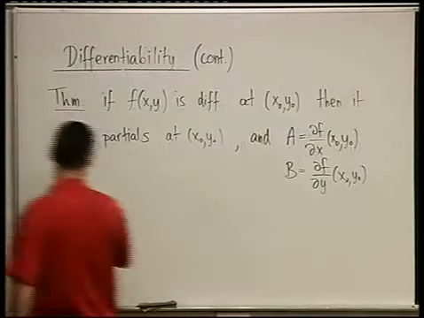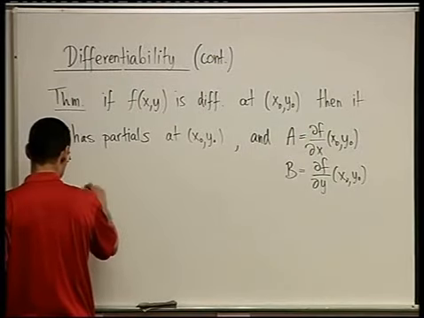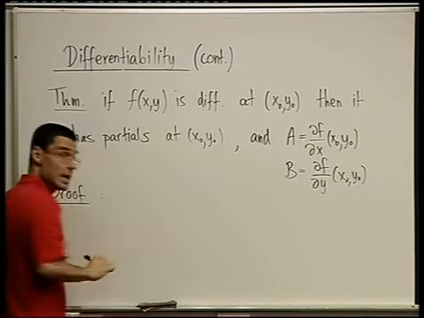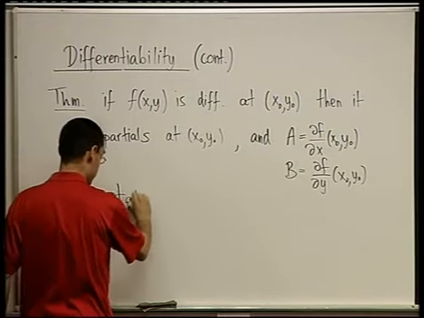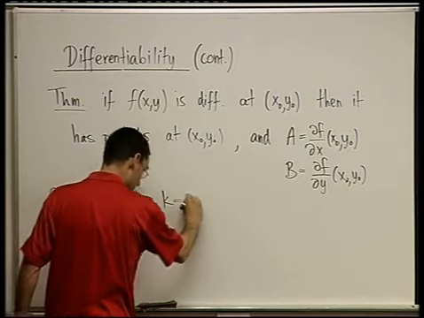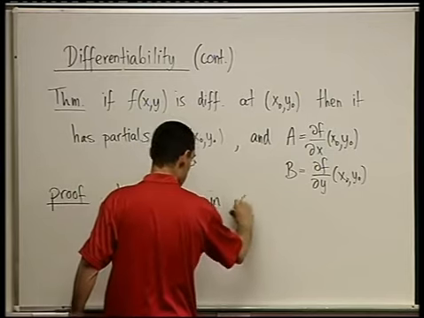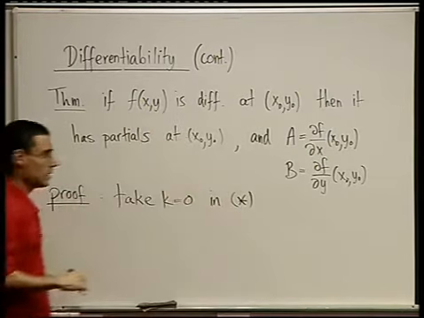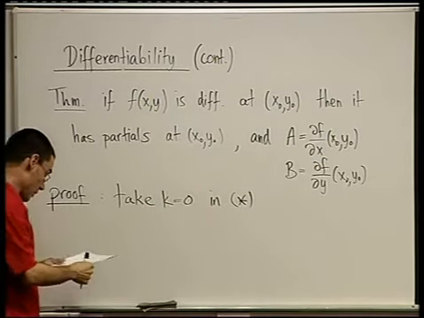So the proof of this theorem: take k equals 0 in star. Star is that expression that we had. So what do we get?